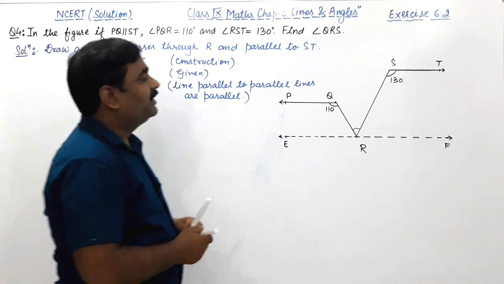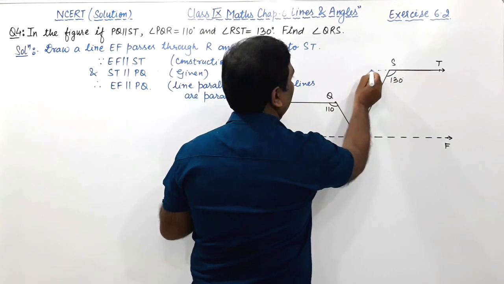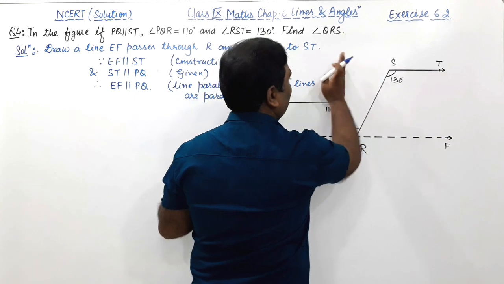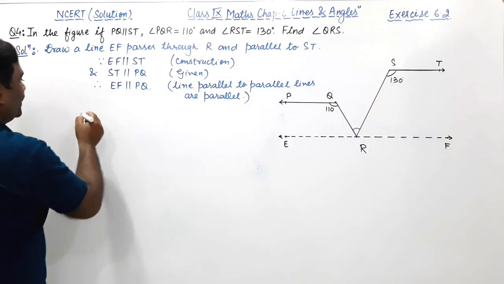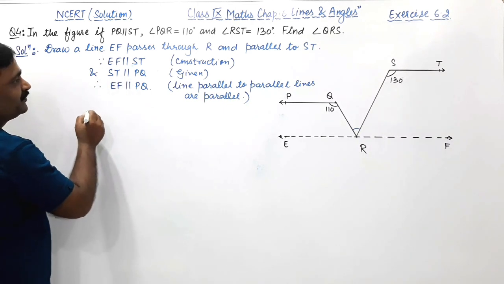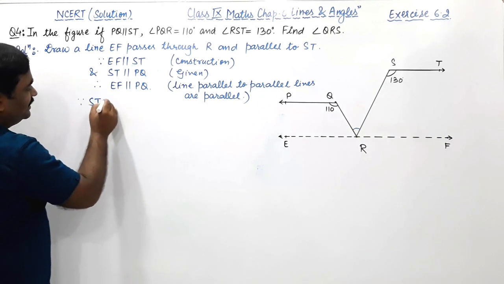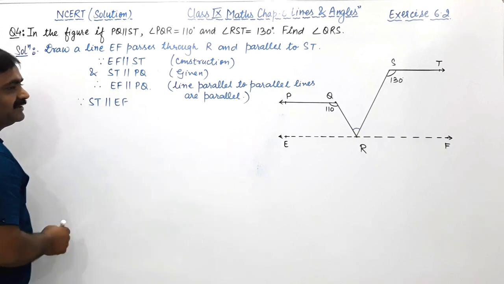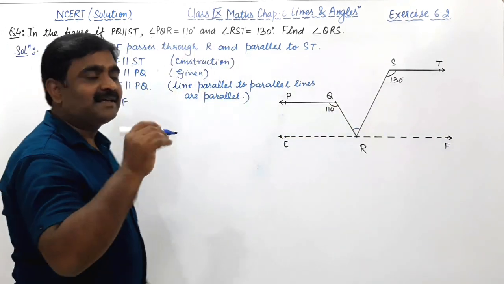Now we have to start our solution. Okay friends, let us see, when you produce this line in this direction, ST is parallel to EF. Since ST is parallel to EF, SR is a transversal.